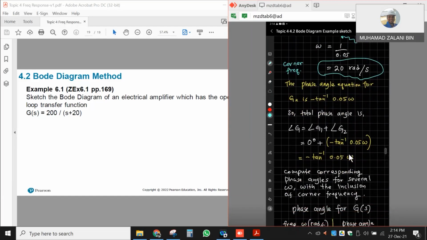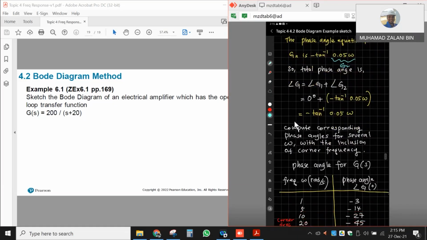Next, we calculate the phase angle using the phase angle equation of G2, which is negative arctangent 0.05 omega. So this is G2, right? Here we sum up all of the angles, since we have G1 and G2. Tadi kita split, kita pecahkan kepada dua. Okay, we have angle of G equals angle of G1 plus angle of G2.